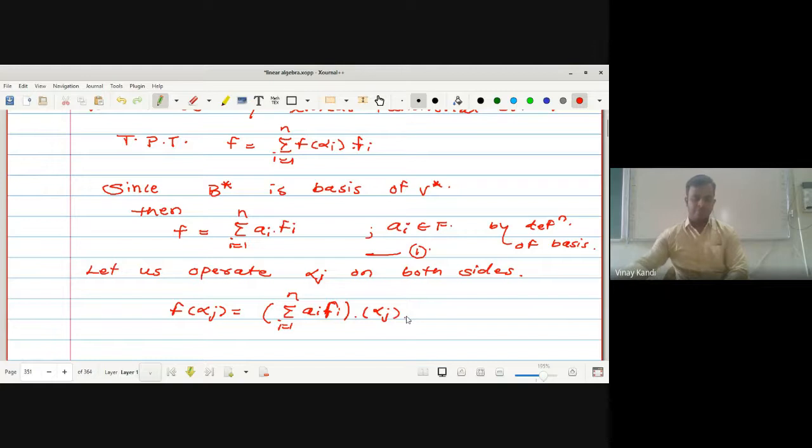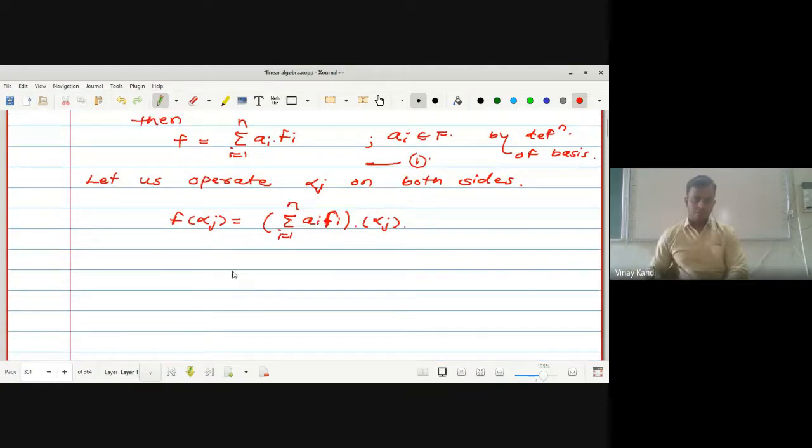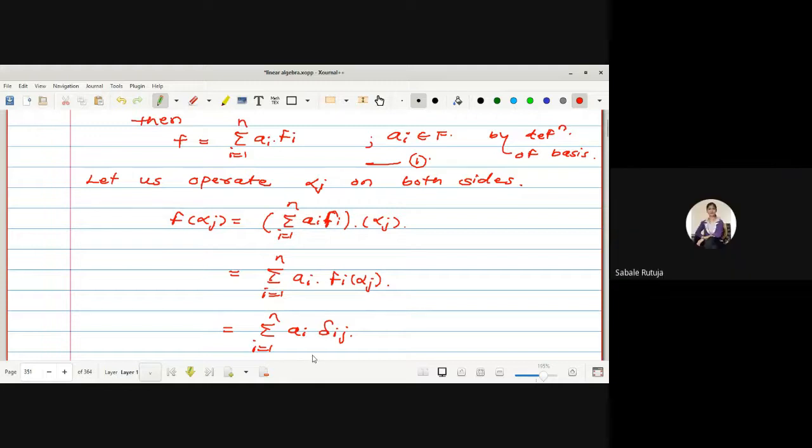Is it correct? Now, this is equal to summation i running from 1 to n, ai into fi of alpha j, which is equal to summation i running from 1 to n, ai into delta ij. Is it correct? Yes, sir.